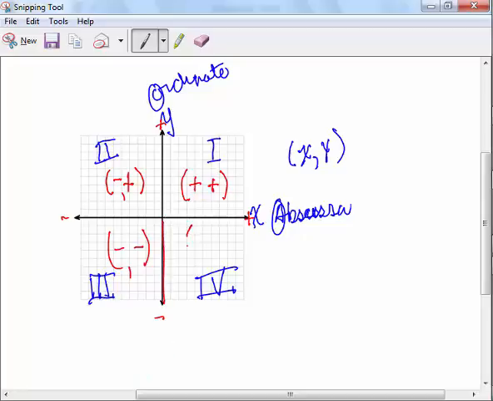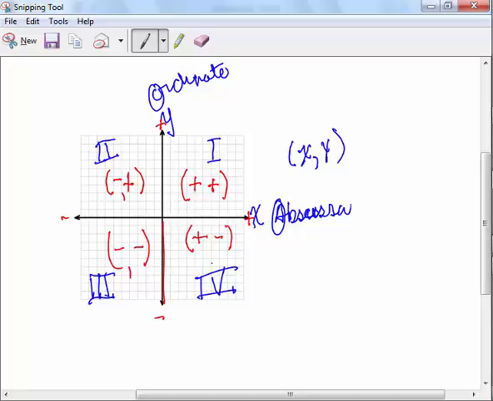The fourth quadrant, you're going forward, so it's positive, and then you're going down, that's negative. So you can see where the quadrants are and what the letters that go with each of those quadrants. And I think that's an important thing.